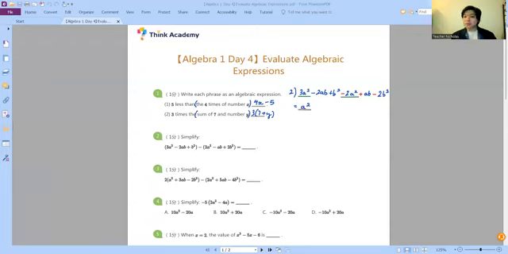Next, I notice that b squared, let me use orange, and minus 2b squared are like terms. So after I combine them, it's going to be minus b squared.